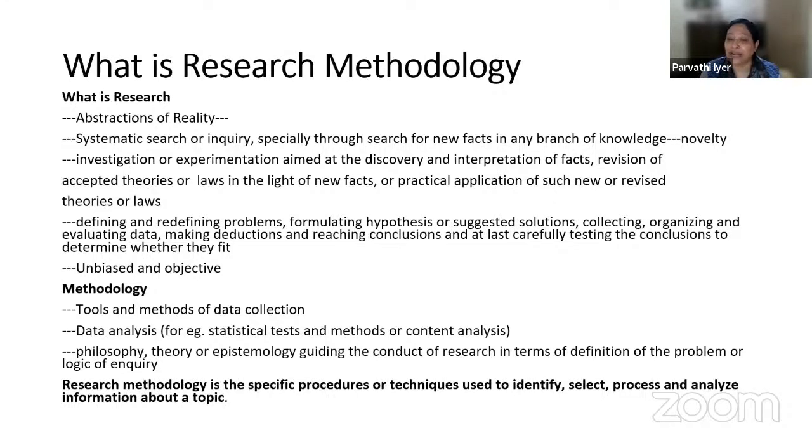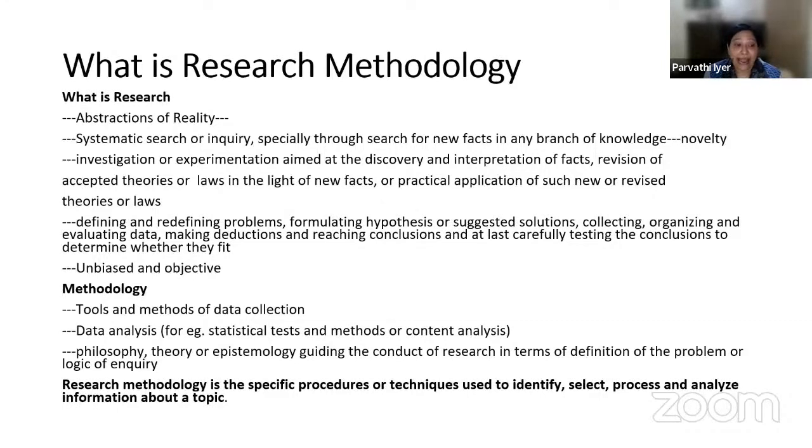Otherwise, the data that you collect is random. It does not really make sense. But when you locate it in the context of a theoretical framework, then you can position that data in a different way. You can relate it to earlier findings in that particular discipline.